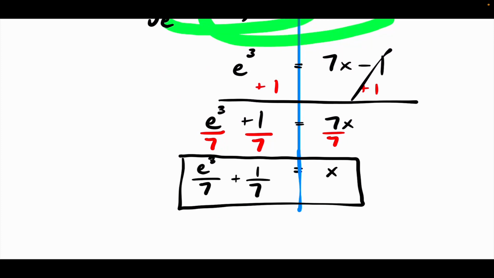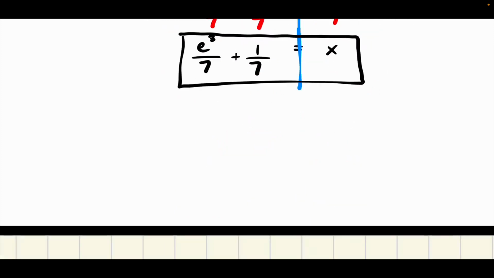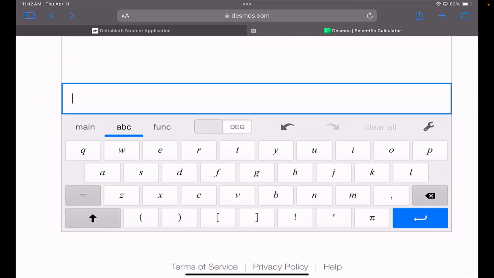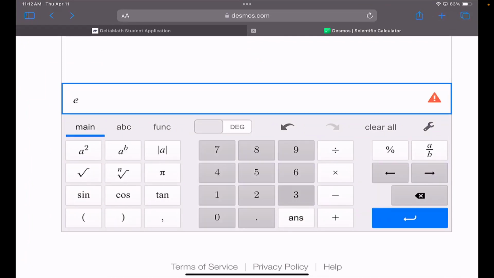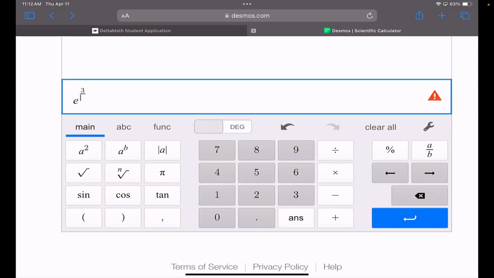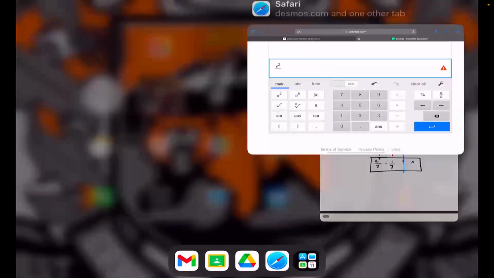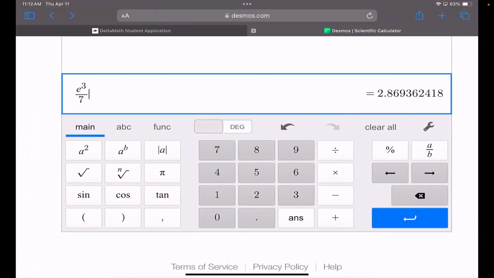Now, if you were to put this into the calculator, you'd get an answer because e is not a letter. e is actually a number. So watch, I'll show you. And I'm showing you this for a reason. e to the third power divided by 7 plus 1 divided by 7.